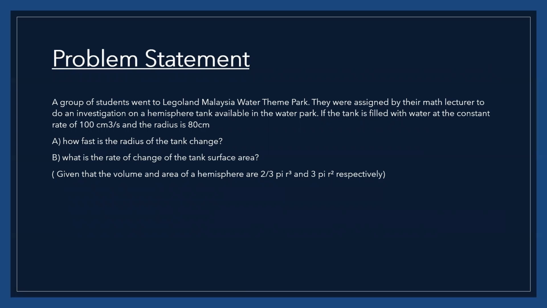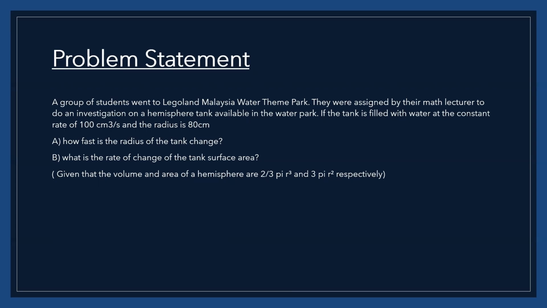For our problem statement, a group of students went to a Legoland water theme park. They were assigned by their math lecturer to do an investigation on a hemisphere tank available in the water park. The tank is filled with water at a constant rate of 100 cm³ per second and the radius is 80 centimeters.